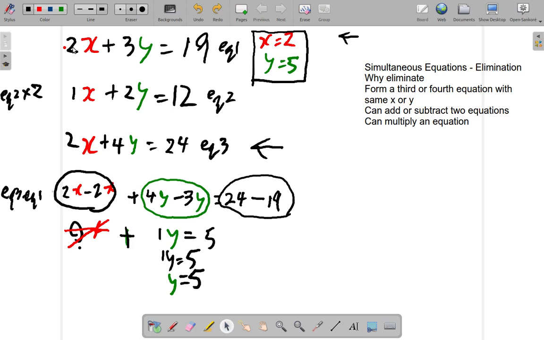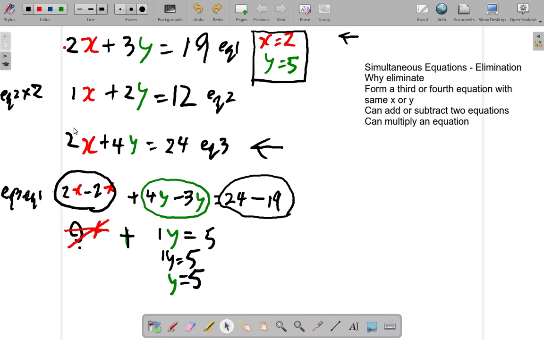Then we take the equation with the original 2x, which is equation 1, and the new equation with the 2x, and subtract them. So we have 2x minus 2x is 0x. Right? Remember, it is equation 3 minus equation 1.